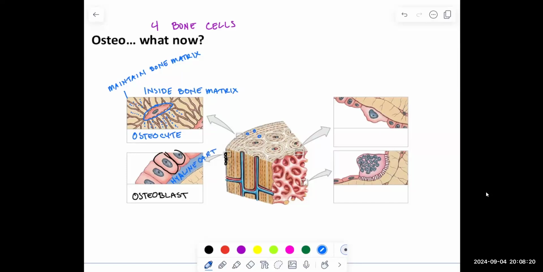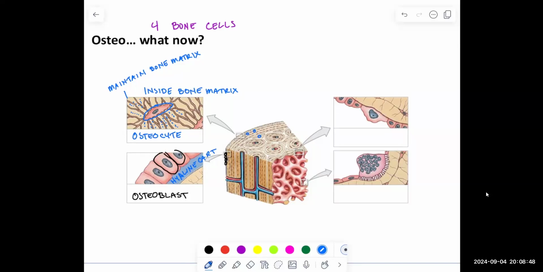Why does it sit on top of hyaline cartilage? So it can make new bone. And guess what? Hyaline cartilage is the precursor to new bone. Osteoblasts will use hyaline cartilage and they'll put bone in it. They'll kind of kill the hyaline cartilage, but in the process, they make new bone.